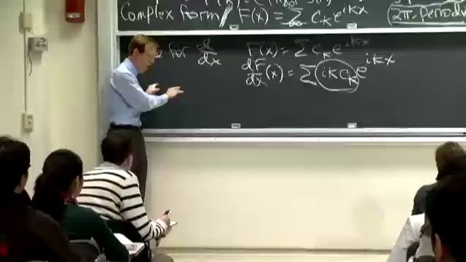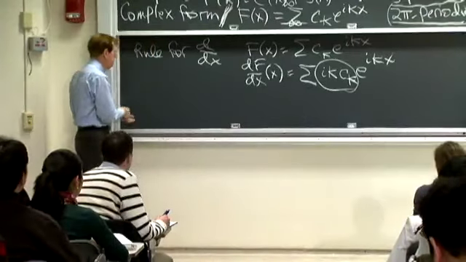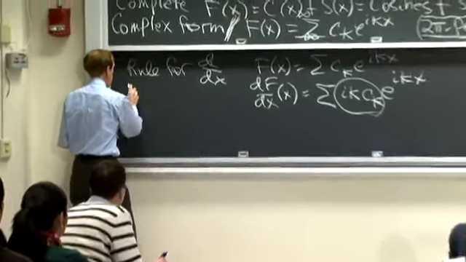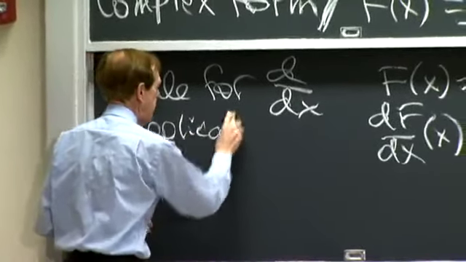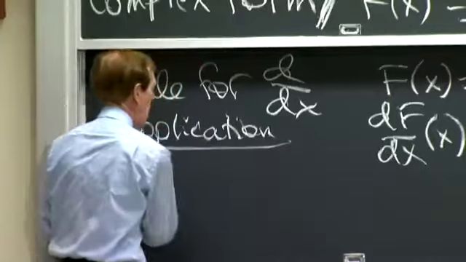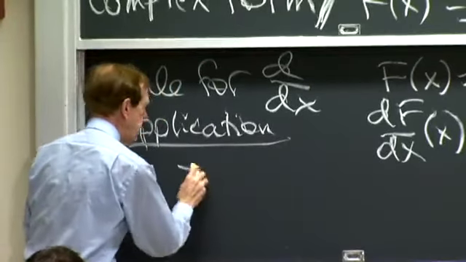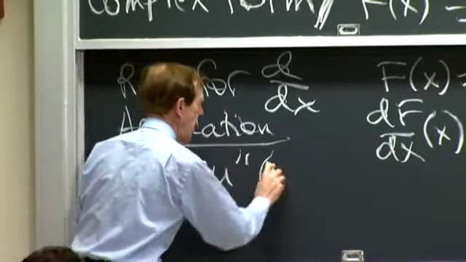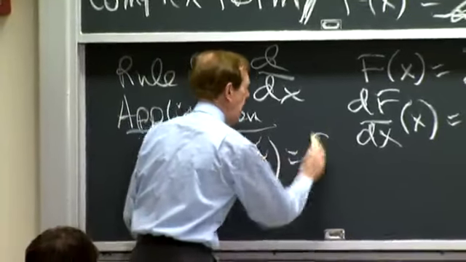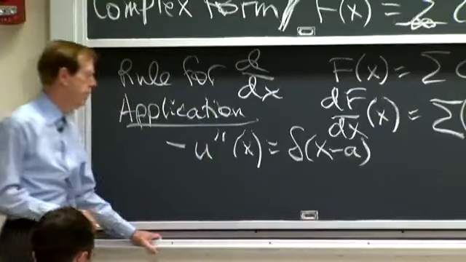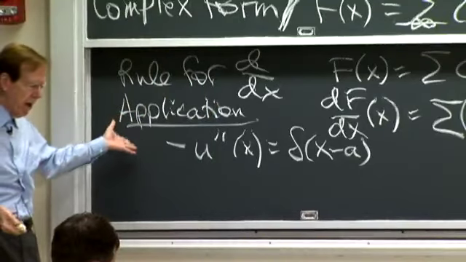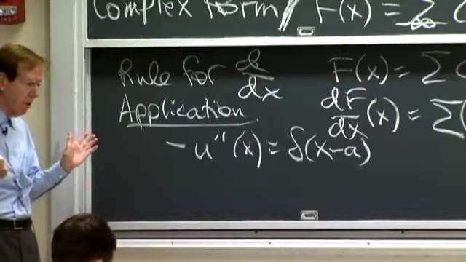So let me just do an application here without pushing it. Our application, we started this course with equations like minus u double prime of x equals delta of x minus a. If we wanted to apply this to a differential equation, how would I do it?